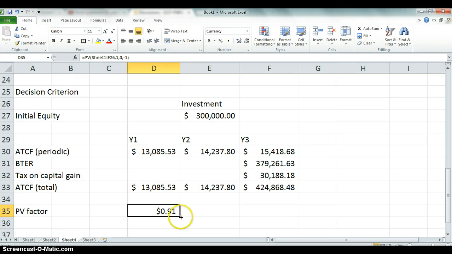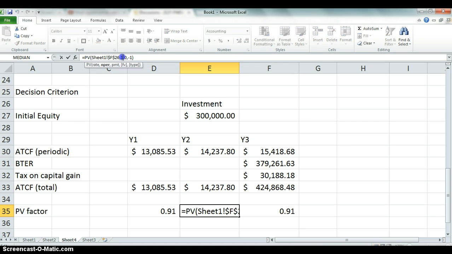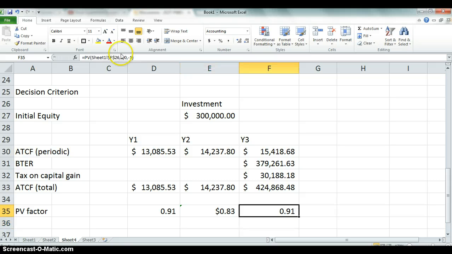We'll drag this down for the 3 years. Before we do, we will have to secure the rate, then we can drag it down again, and then we will have to change the number of periods, from 1 to 2, and then from 2 to 3.